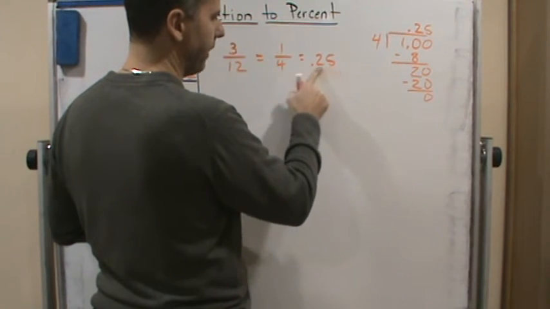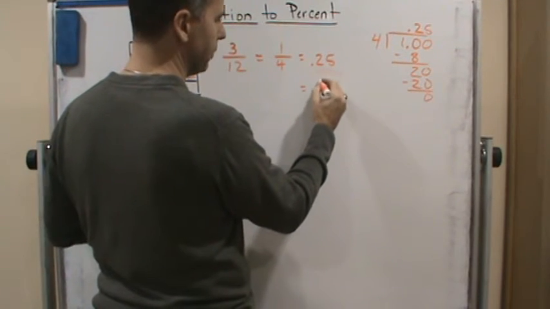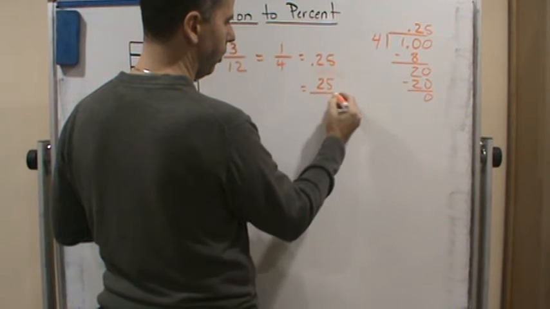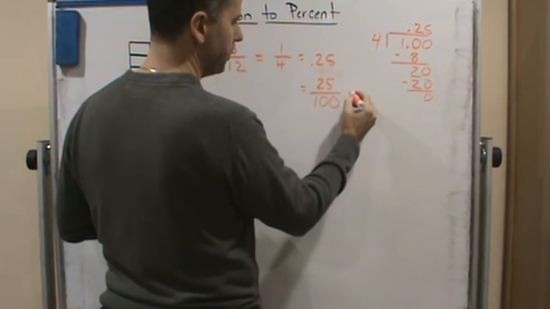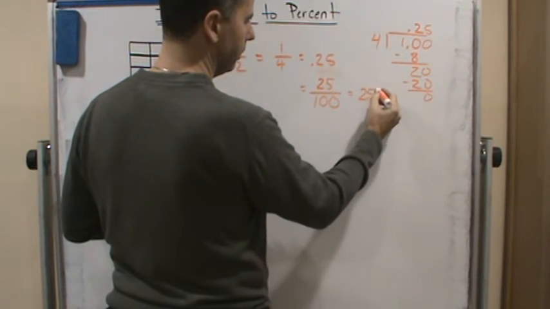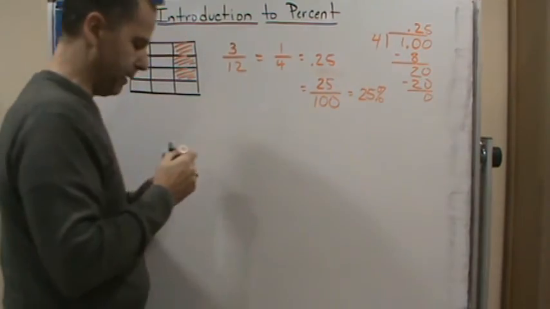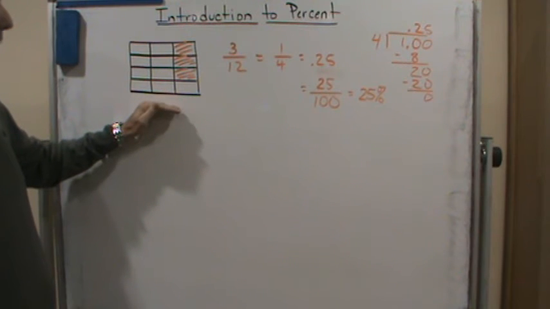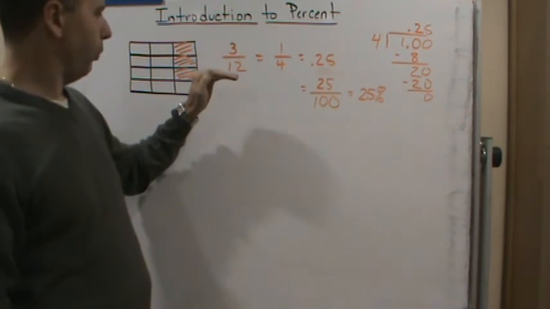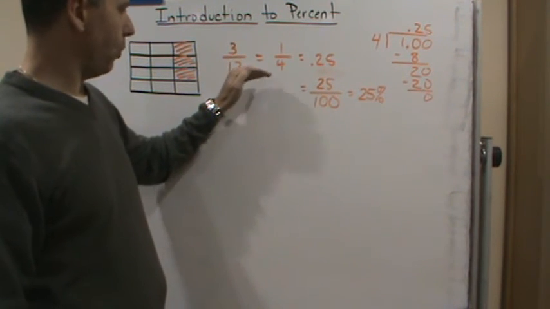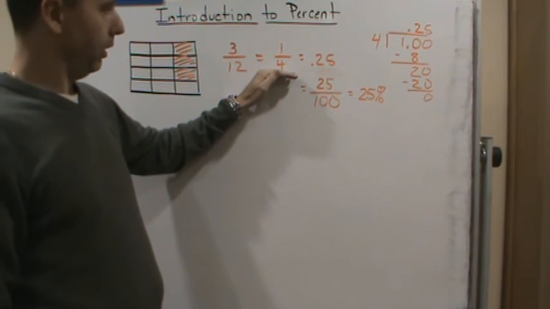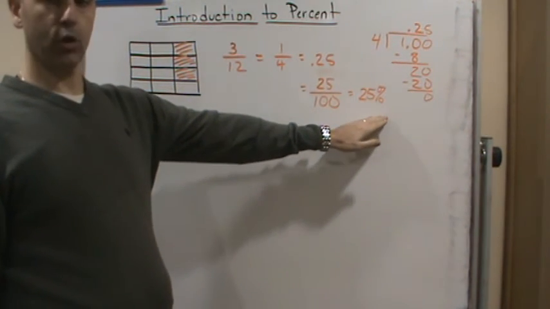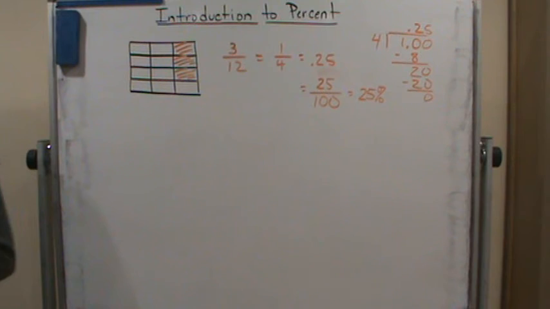So this is 25 hundredths, which is equal to 25 over 100, which equals 25%. So, what portion of the rectangle is shaded? Well, we can write it as 3/12 or 1/4 or 0.25 or 25% of the rectangle is shaded.